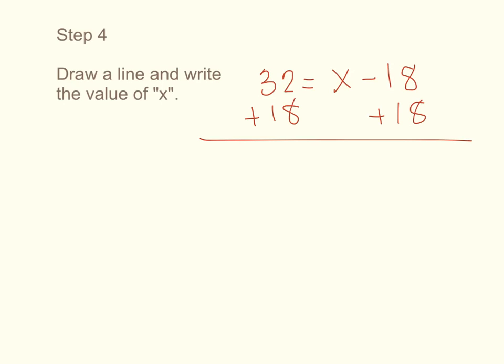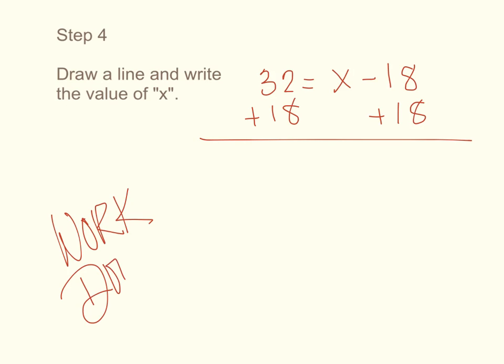That's important because it's much more readable, much more legible if I can tell the difference between the problem and the answer. It's also very important to work down. And you'll see me saying that when we did order of operations. I said work down. It's very important to work down now.